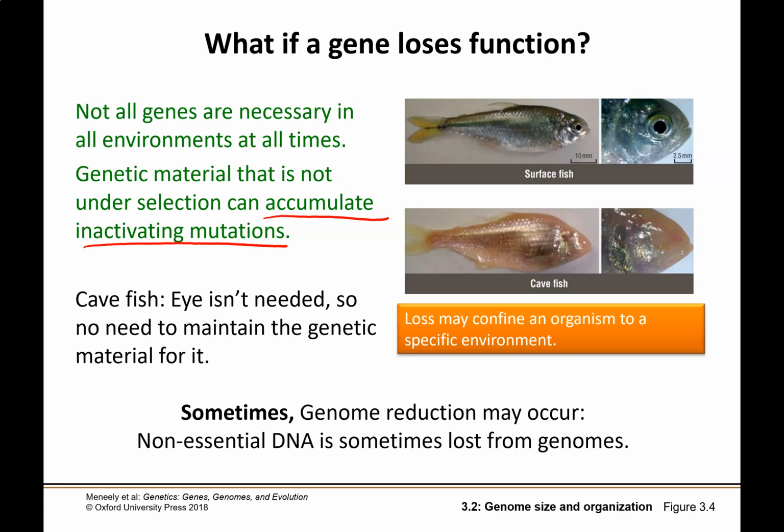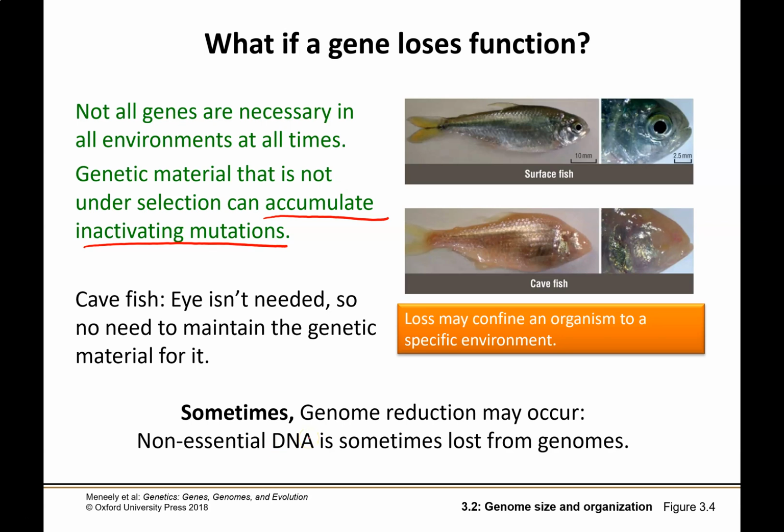And so those genes that are related to the eye might actually fall into disuse and not be maintained. Now, of course, loss of an eye means that cave fish can't ever leave the cave because they'd be at an extreme selective disadvantage. That means they're going to be confined to the particular environment that they're in. And if they're not going to leave anyway, that's okay.